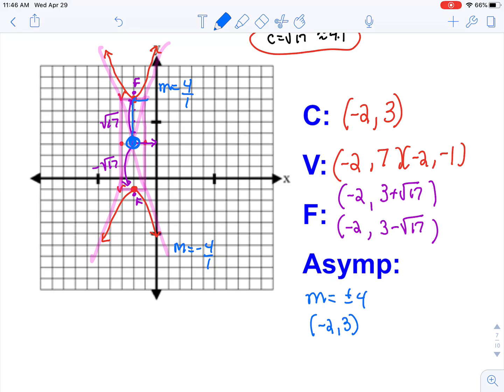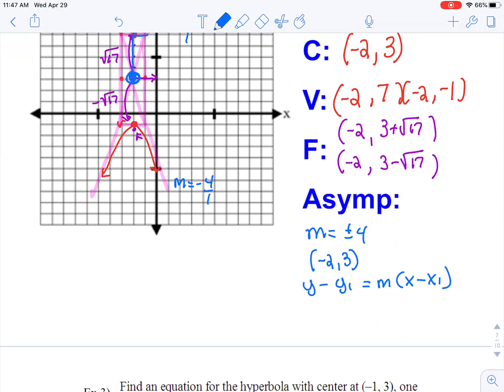So when I write my equation in point slope form, y minus y1 equals m times x minus x1, we're going to plug in negative 2 for the x1, so x plus 2. We're going to plug in 3 for the y1, so y minus 3. And we're going to plug in our slope, plus minus 4, and we can leave it in this form.